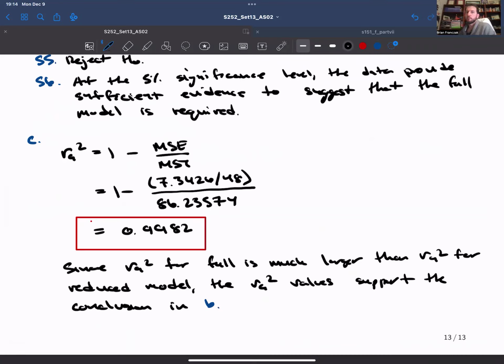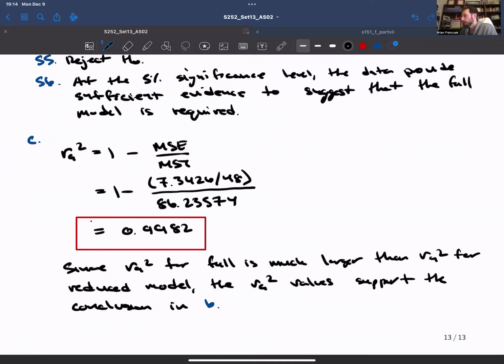Because B said there's statistical evidence that we need the full model. The adjusted R squared is implying that the full model is a significantly better fit. You go from explaining approximately 87% of the variation in the data to explaining effectively all of the variation in the data with the interaction terms.